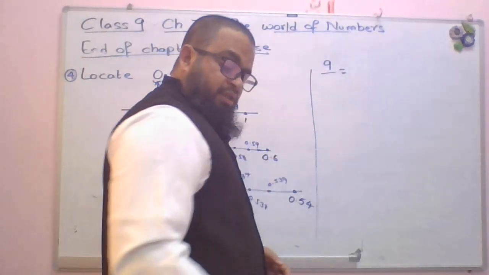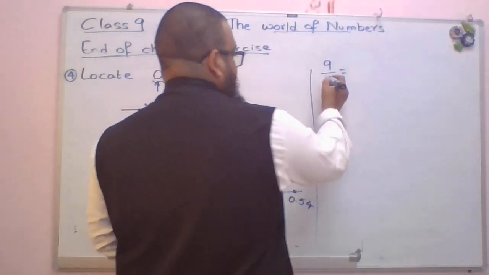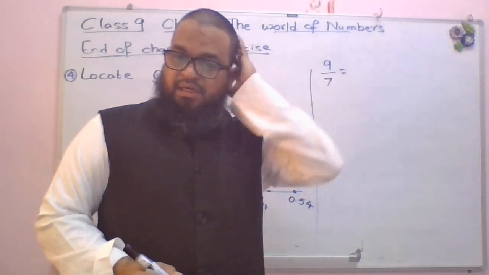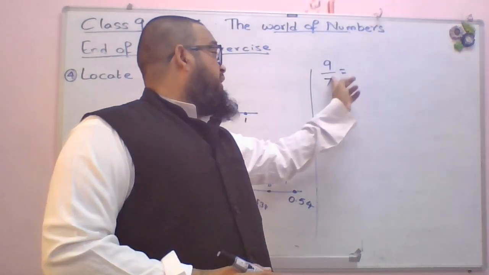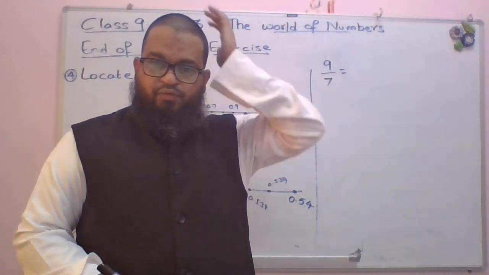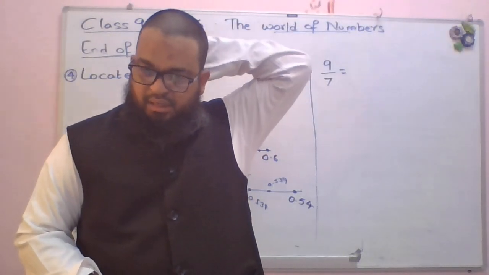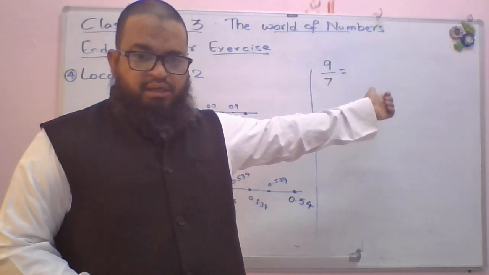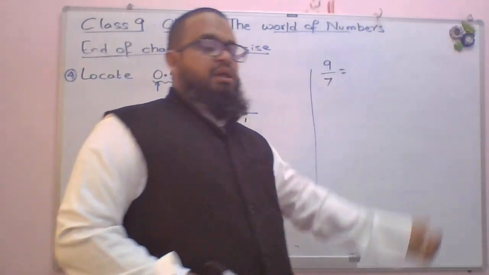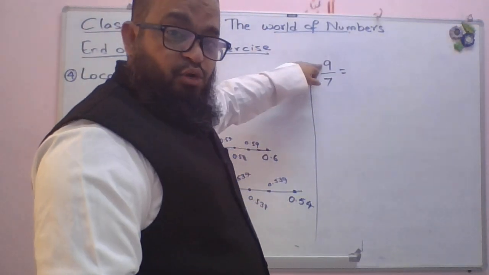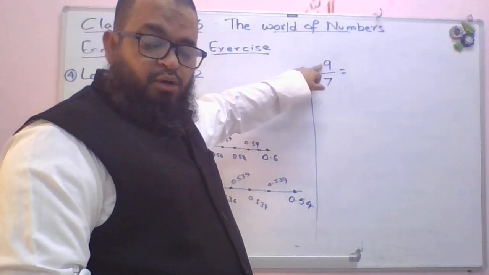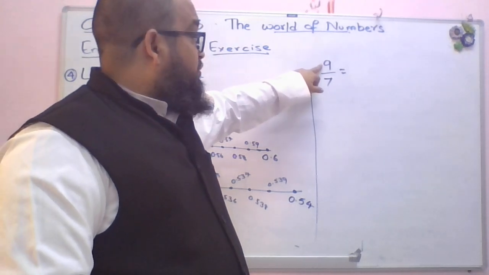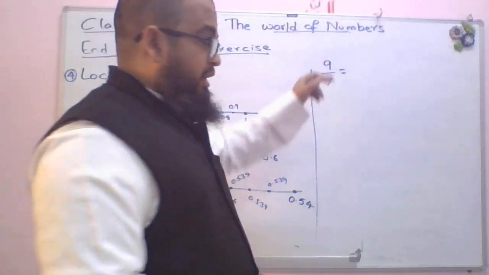So let us go with 9 by 7. Since the denominator is not in the form of 2 to the power of m times 5 to the power of n, we will not get a terminating decimal, but a non-terminating decimal. Since the numerator is bigger, this fraction is called an improper fraction.